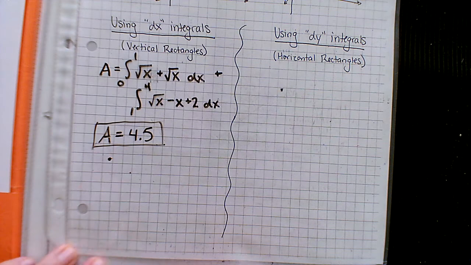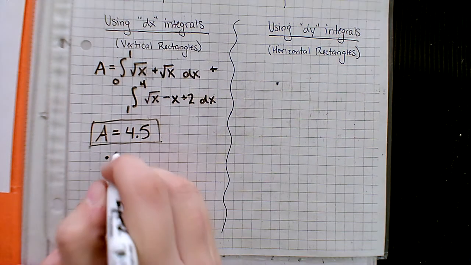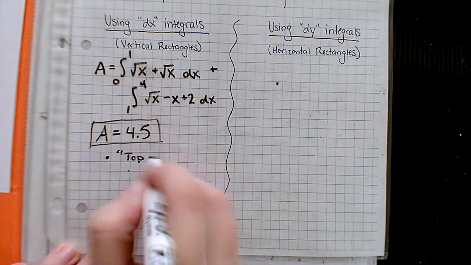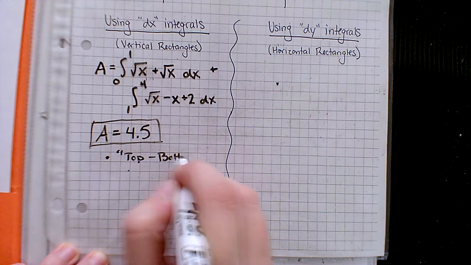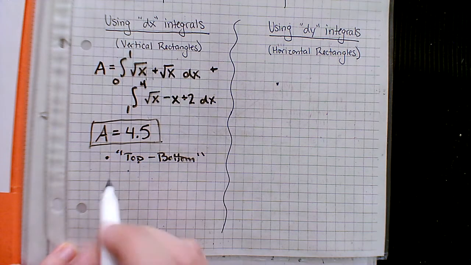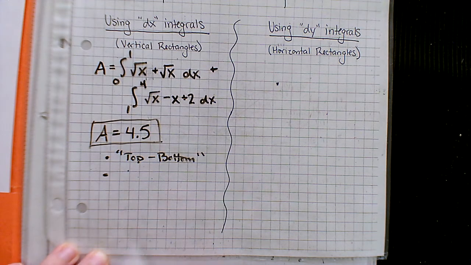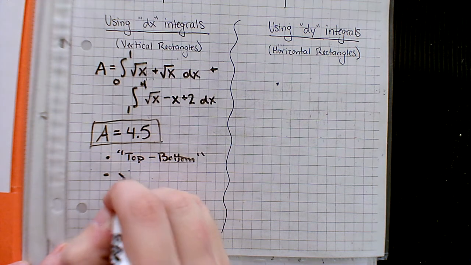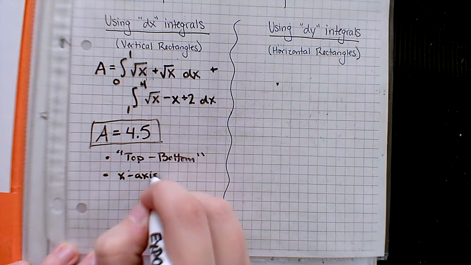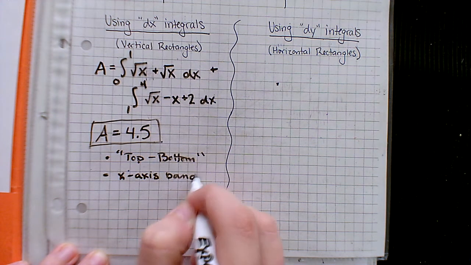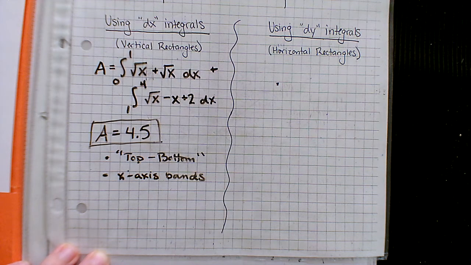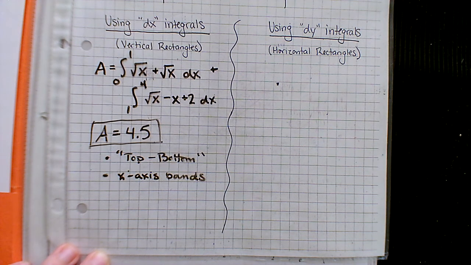So if we want to measure area to the x-axis, we have that idea of the top function minus the bottom function. If we're measuring area to the x-axis, that means we need x-axis bounds, aka the x-coordinates from those intersection points that we find.